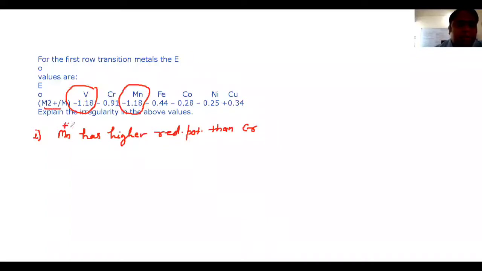Manganese 2 plus has higher reduction potential than chromium 2 plus because manganese has a configuration of 3d5 4s0 for Mn2+, whereas chromium has 3d4 4s0 for Cr2+.